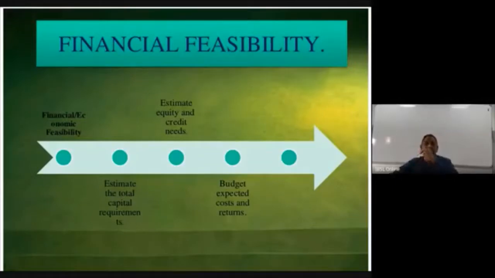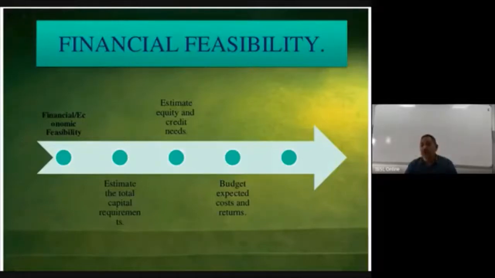Now this comes with the structuring of credit. Then how are we going to finance that capital? How much equity? How much from external resources, credit funds? What is the mix of equity and credit? It will decide the solvency of the business.